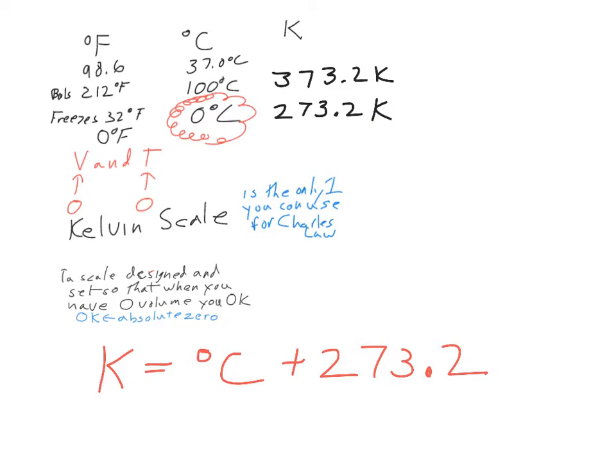Your body temperature in kelvins would be 37 degrees Celsius plus 273.2 equals 310.2.